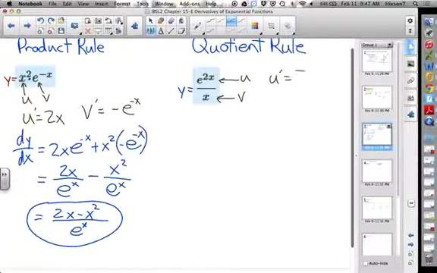Very good. e to the 2x is the derivative of the outer function. 2 is the derivative of the inner function, that 2x. Okay, good. And v prime is just 1. Why don't you try taking it from there and see if you can simplify the whole thing and get a good answer.